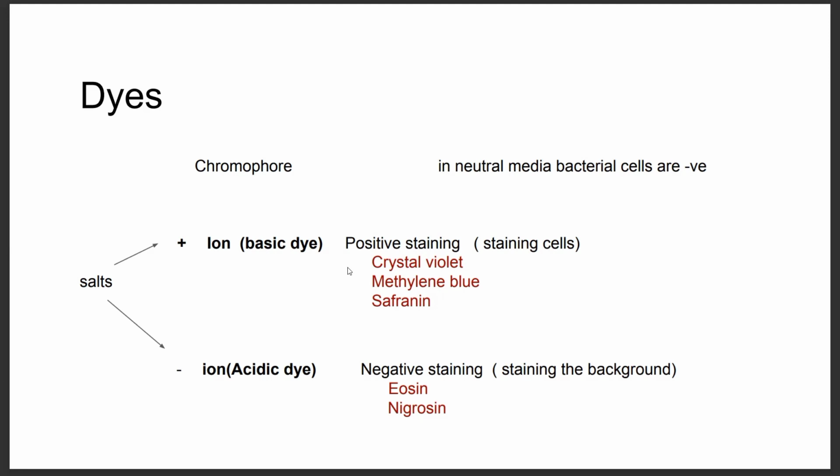And if the dye is a negative ion, and the bacterial cell is also negative, what will happen? Negative charges repel each other. නේද? එහෙනම් bacterial cell එකෙන් මේ dyes මොකද වෙන්නේ? ඈතට යනවා.